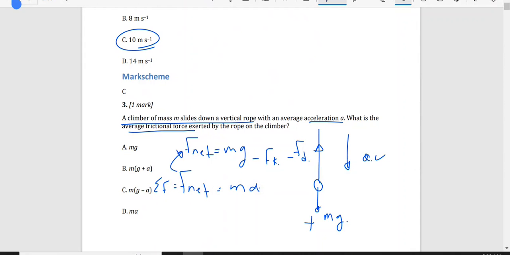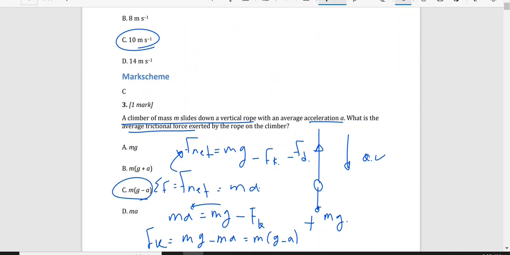Substituting, ma equals mg minus the friction force Fk. Take this to the other side and multiply both sides by negative, so Fk equals mg minus ma. Take m as a common factor outside, so it will be g minus a. So the kinetic friction is m times (g minus a).